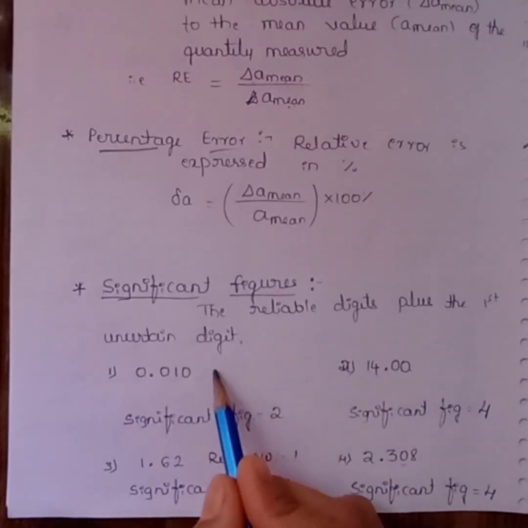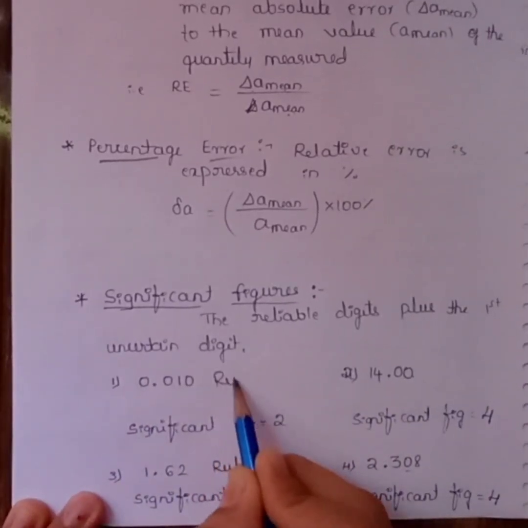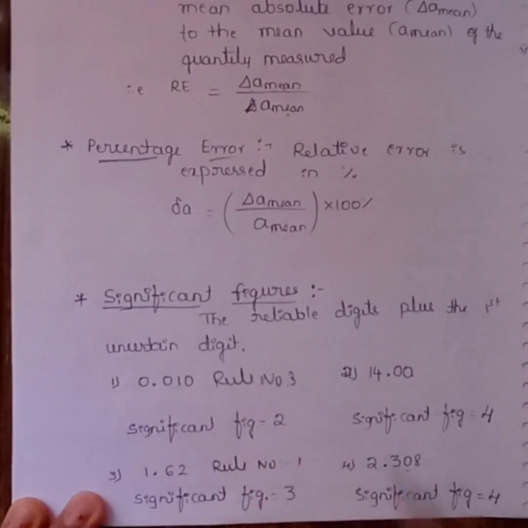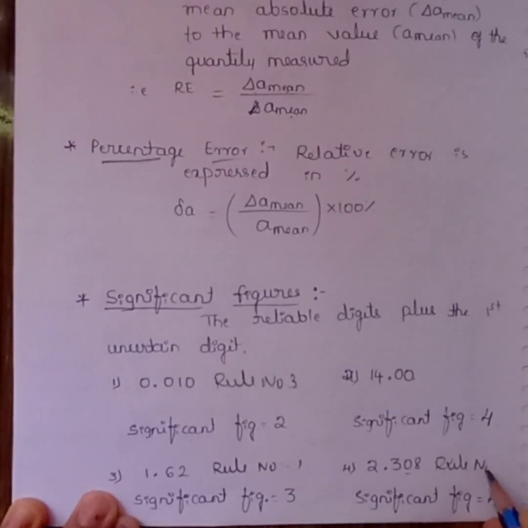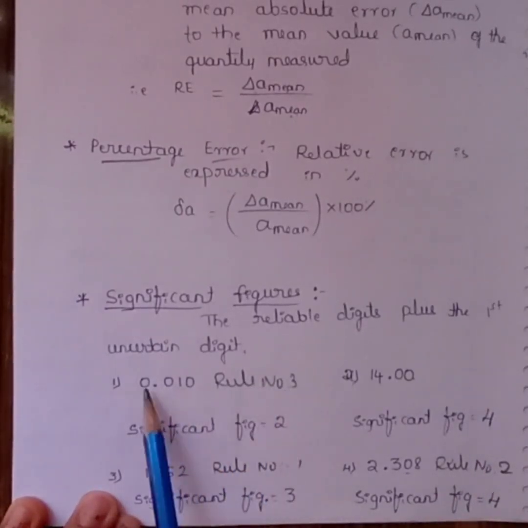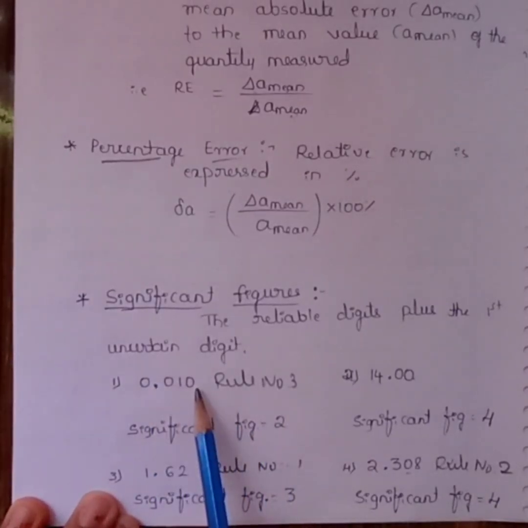In the rule number 3 example, 0.010 is there. Here 2 zeros are there after the decimal point. In this example, we count the significant figures as 1 and 0. That means 2 significant figures are there.